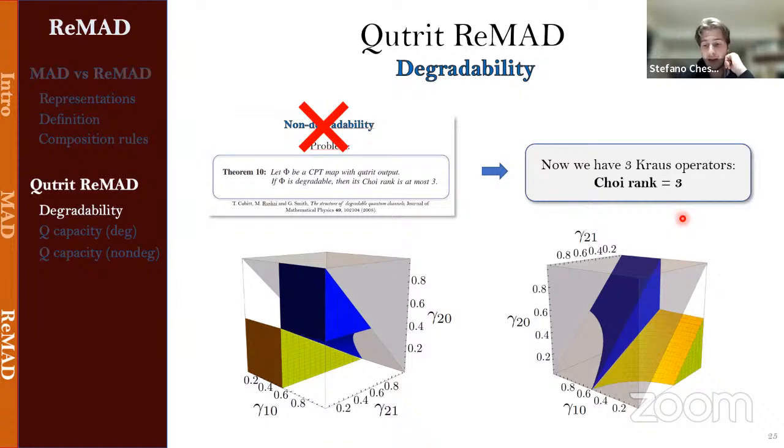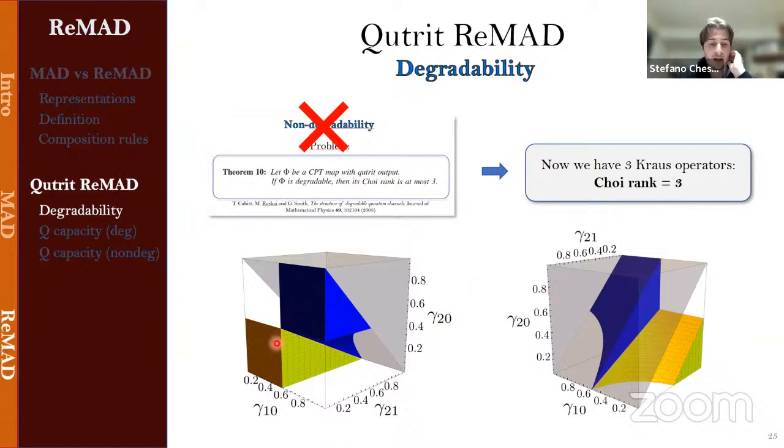And by studying the degradability and anti-degradability regions, we find out that nearly half of the allowed volume, and by allowed I mean the region of the damping parameters that gives you a completely positive map, is either degradable, the yellow zone here, or anti-degradable, the blue region.